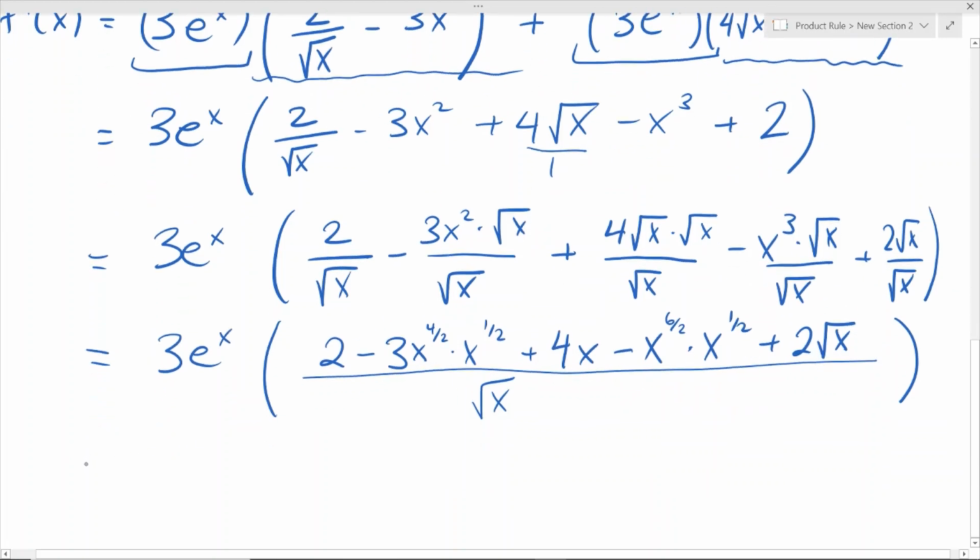So now from here, 3e to the exponent of x, okay, basically times 2 minus 3. So here, x to the exponent of 4 over 2 times x to the exponent of a half. We add the exponents together according to exponent laws. 4 over 2 plus 1 over 2 gives us 5 over 2. So this is going to be the exponent of 5 over 2.